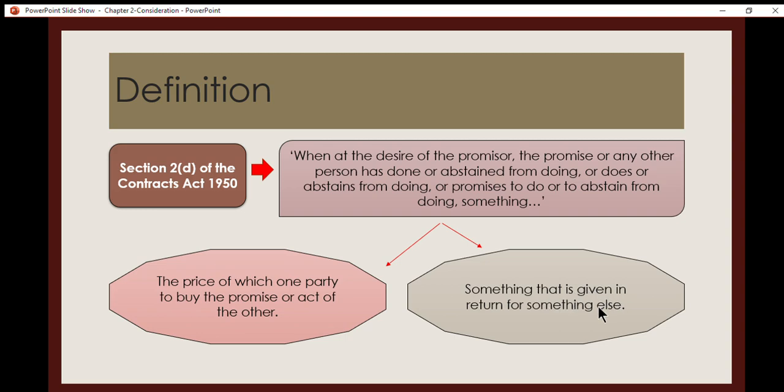You want to have something, but at the same time you must provide some consideration. Consideration also can be regarded as a value given for a promise. Then you give something in order to exchange for the promise. So consideration is important.